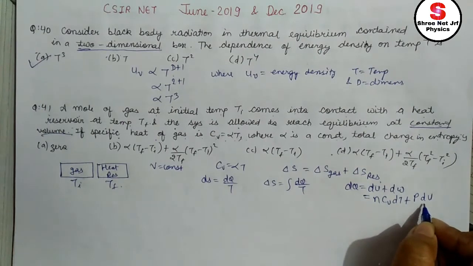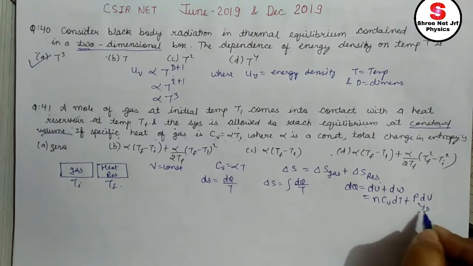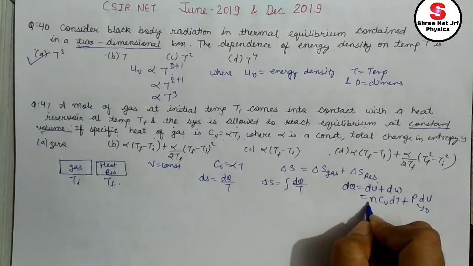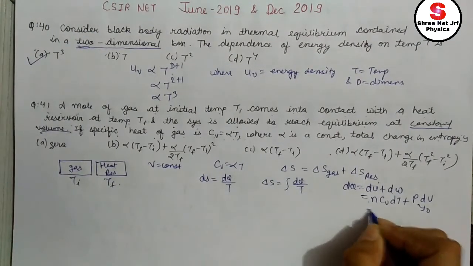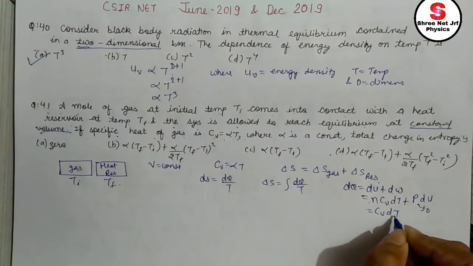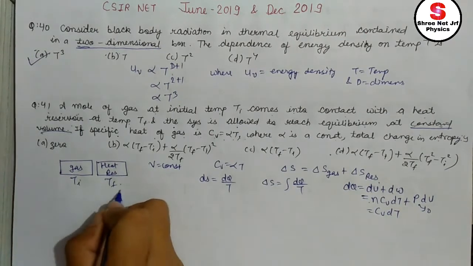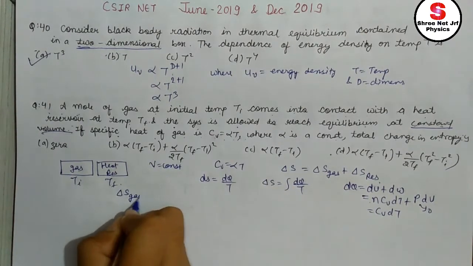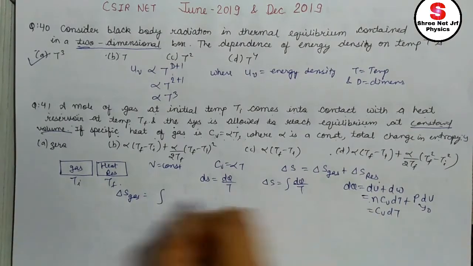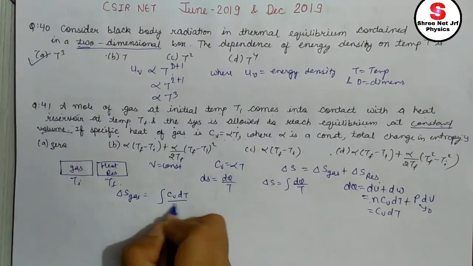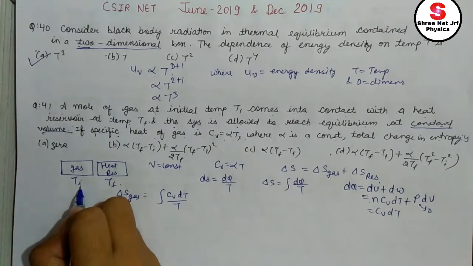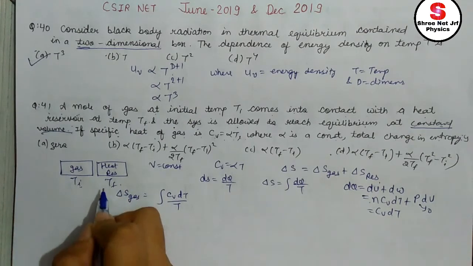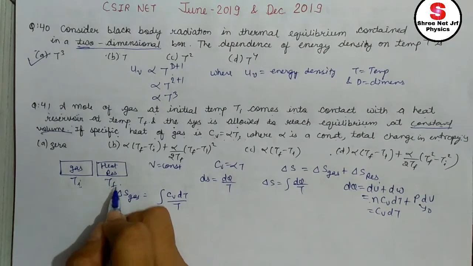Here volume is constant, that means dV equals 0, so this term gives us 0. n equals 1, since we are given one mole. Then dQ is equal to Cv dT. So I can write that delta S gas is equal to the integral of Cv dT divided by T. The limits for dT: the initial temperature is Ti, and when it reaches equilibrium, the final temperature is Tf.